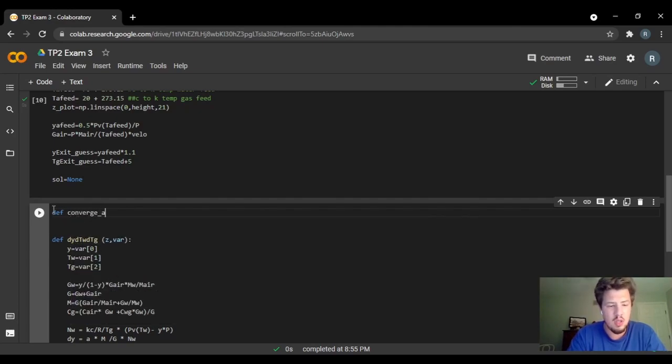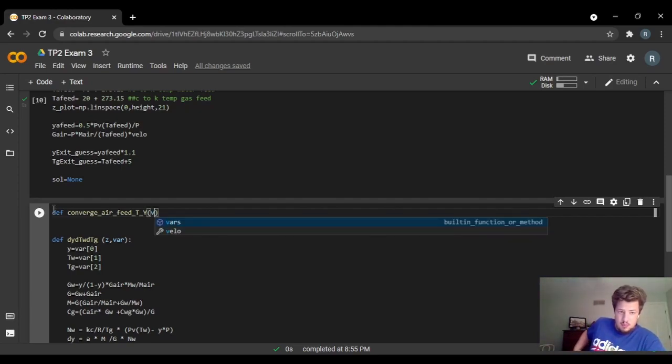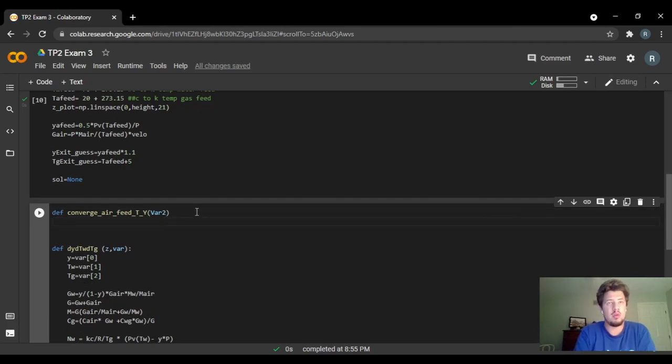Now this is for the fractions, and we want to give this array another value, and then we want to converge our values based off of the initial guesses.